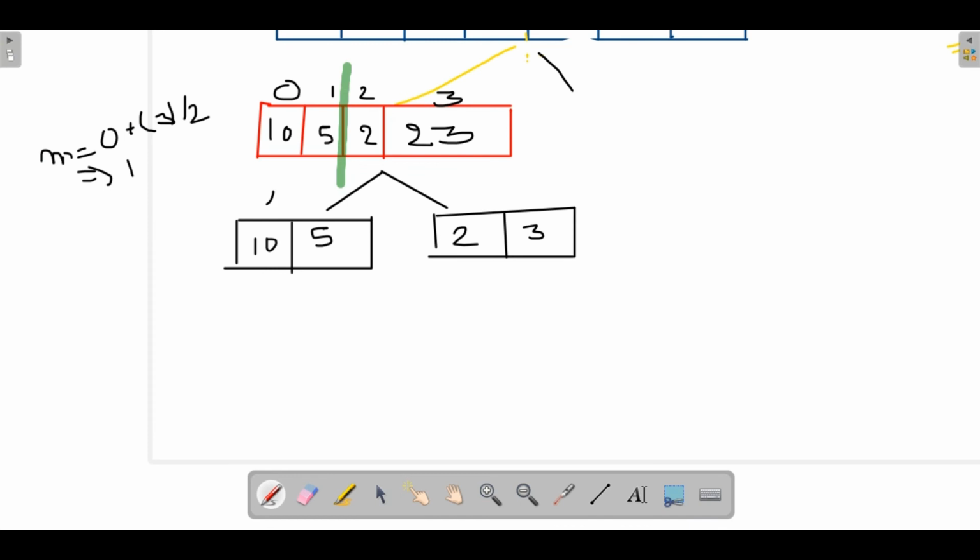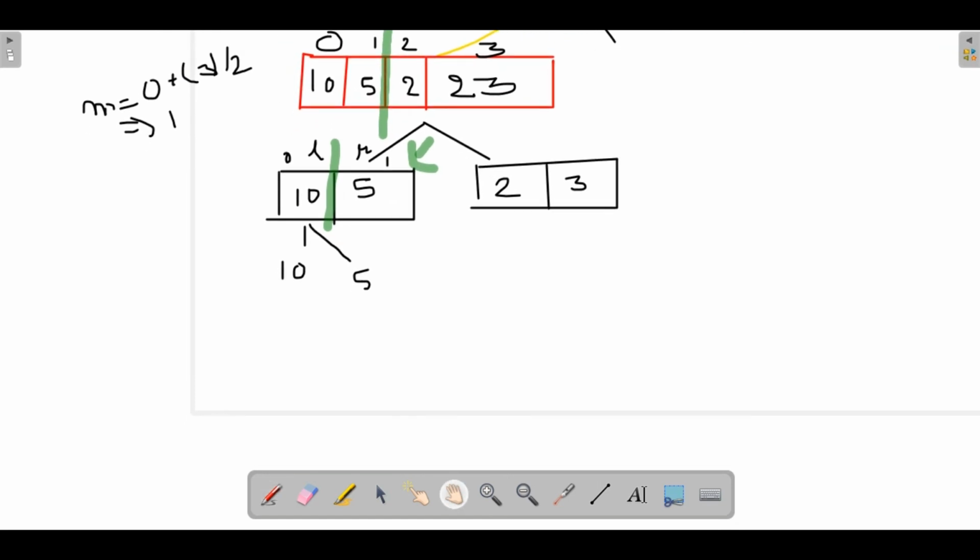Now also left is less than right, because 0 is less than 1. So now forget about this, first focus on this. It would break into 2. So now what we would be getting, we would be getting 10 and 5.